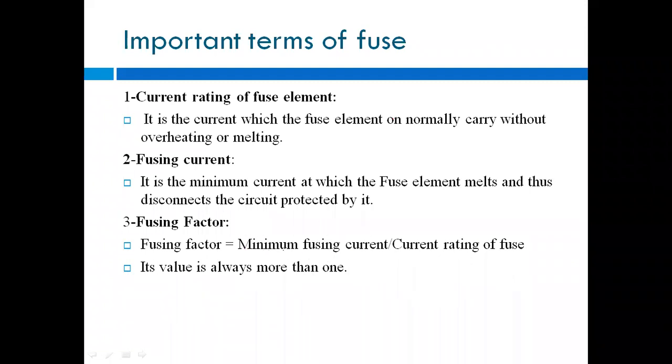This minimum fusing current is always higher than the current rating of the fuse. So if the current rating of the fuse is 10 ampere, the minimum fusing current is more than 10 ampere, right? Then only your fuse will melt. So its value is always more than 1.